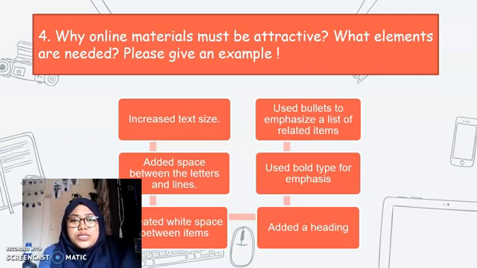So the elements that are needed, the first one is increase text size, edit space between the letters and lines, create white space between items that can be naturally broken up. You will most certainly be able to break up or chunk text as we have done below.